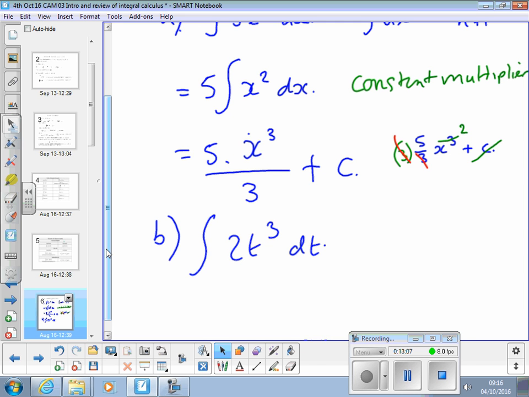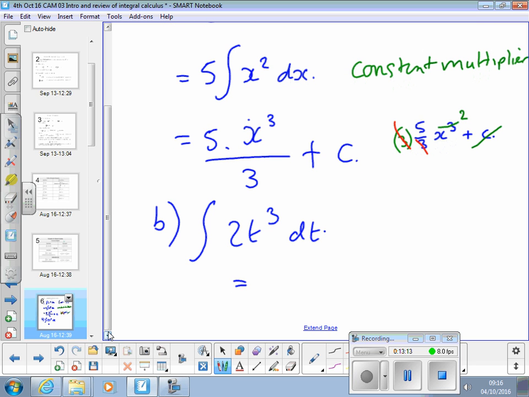What does that equal? Well, it's got to be t to the something.